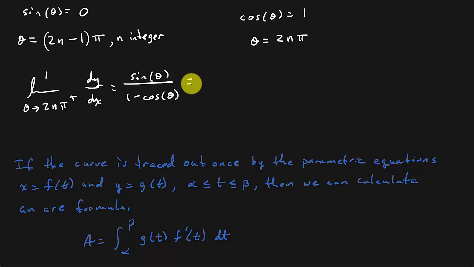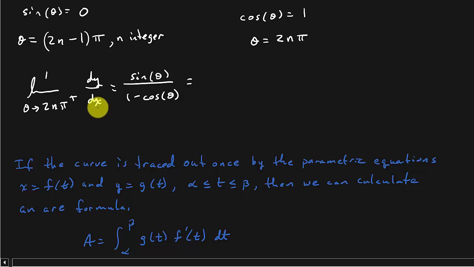If I do the sine of 2n pi, remember, that sine is going to be 0 there. And then the cosine of 2n pi, so the cosine of 2 pi, 4 pi, and so on is 1. That's 1 minus 1. That's 0. I've got 0 over 0.